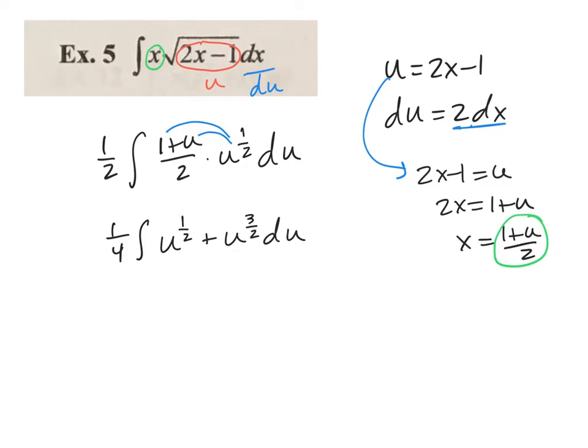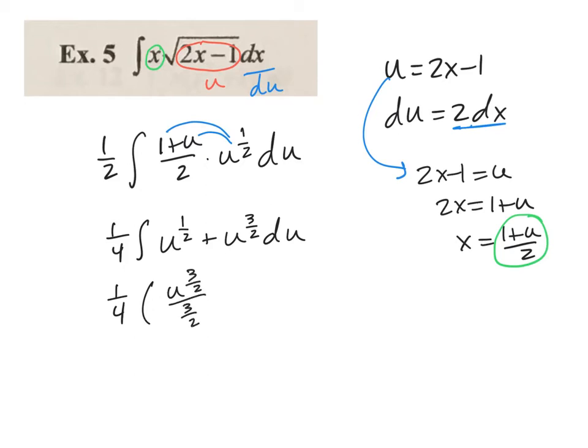All right, so now we can find the antiderivative by taking it term by term. Let's start with the antiderivative of u to the 1/2. So that would be u to the 1/2 plus 1 over 1/2 plus 1. So I guess I'll just go ahead and write this out. That would be u to the 3/2 all over 3/2.